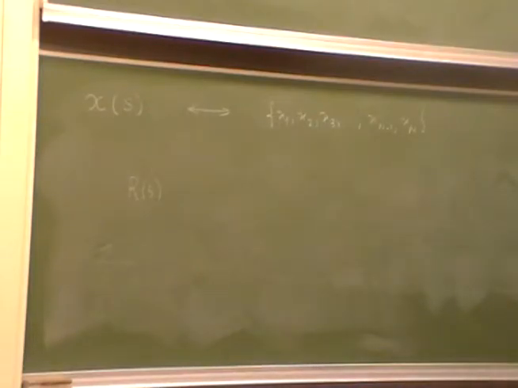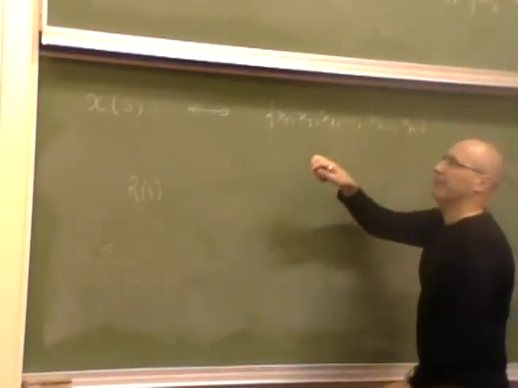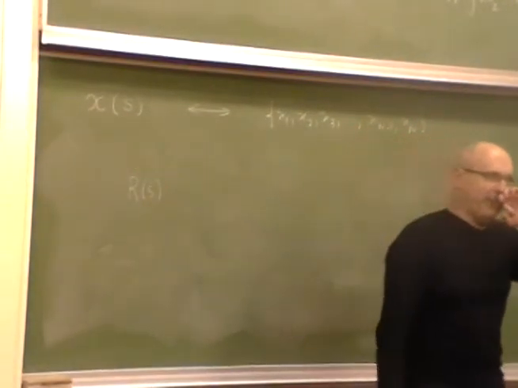Okay. So how do you think the continuum limit of this would look? You're taking the difference of 2 adjacent positions and you're squaring it. What would be the mathematical equivalent on this continuum object?